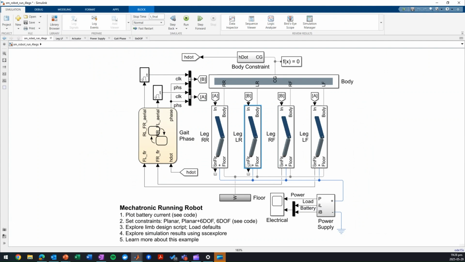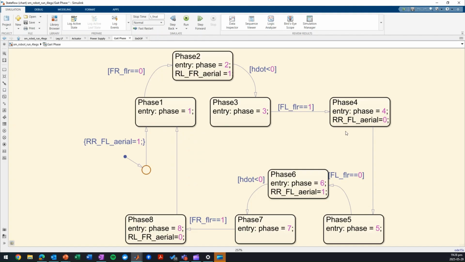Let's start this whole process by looking at the Stateflow chart, which is this yellow block over here. Stateflow allows us to represent specific states of the simulation, such as when the robot is in the air, which is represented by this transition state over here, as well as when its feet touches the ground, which is represented by this one over here.